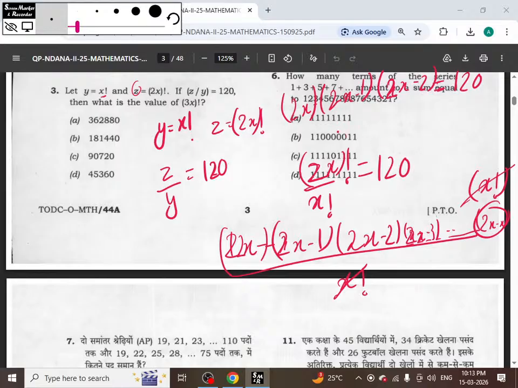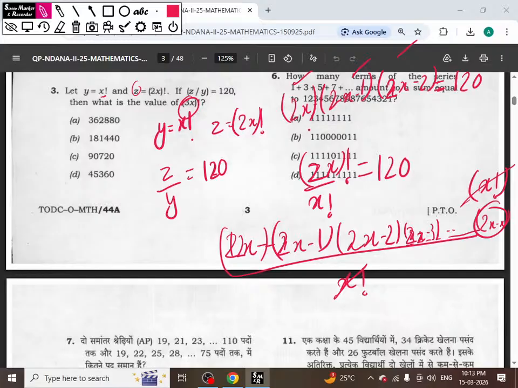So we only have to take x terms, yes or no? So we have 1, 2 and 3, yes. So what will be the value of this? Can we place any 3 numbers? Yes, we can: 6 into 5 into 4 equals 120.